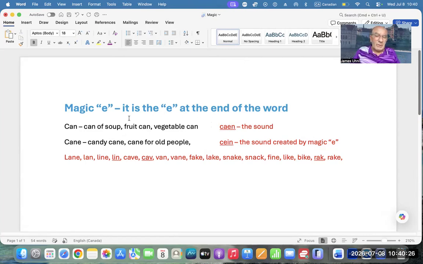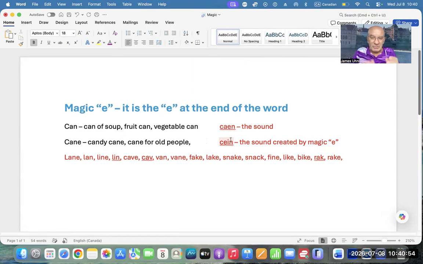But then we have E at the end of the same word can, and here is cane. Here is candy. There is no E, so it's candy cane. Canes are for old people. So the sound is cane.